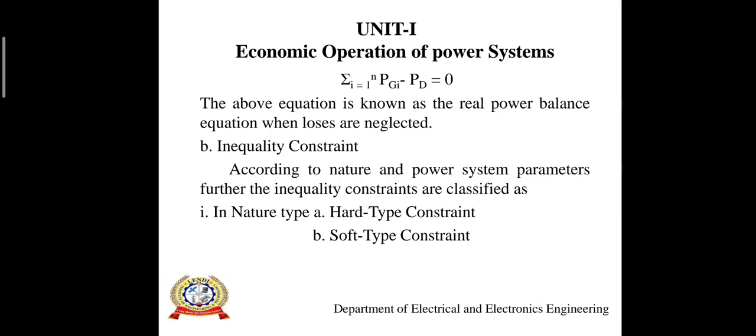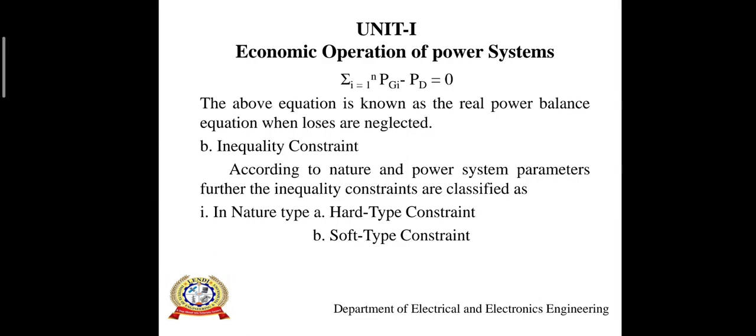This equation 1 is known as the real power balance equation when losses are neglected, because in the equality constraint we are neglecting the losses. Whenever the losses are not there, generation should be equal to the demand. So this equation is known as the real power balance equation.